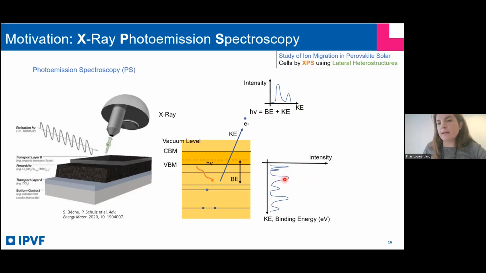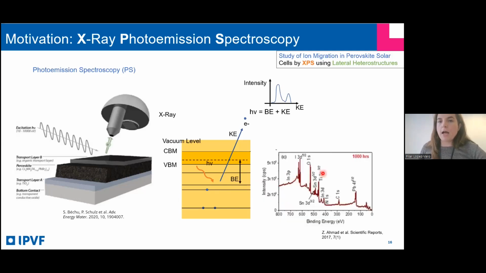We should get a peak each time there is a core level at a given energy. So for a perovskite solar cell, for example, in this work we can see one of the spectra.